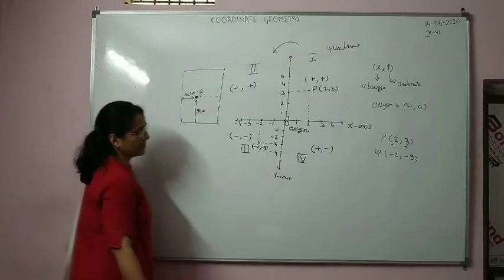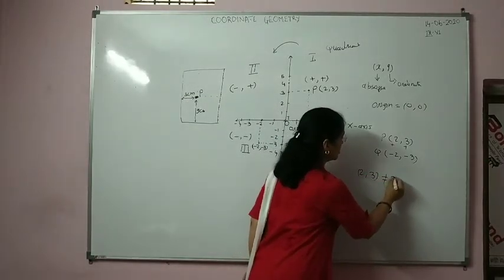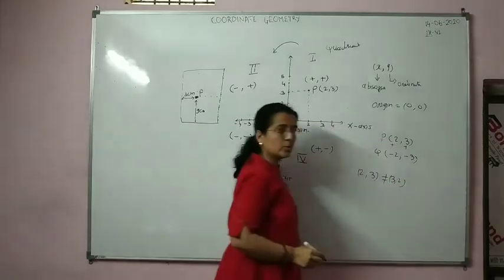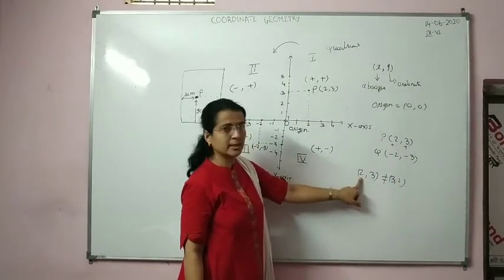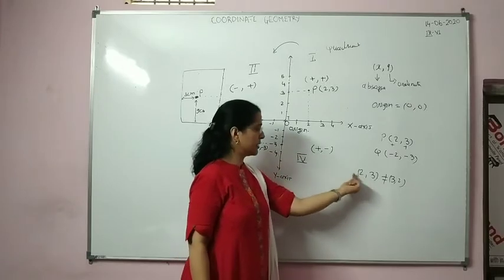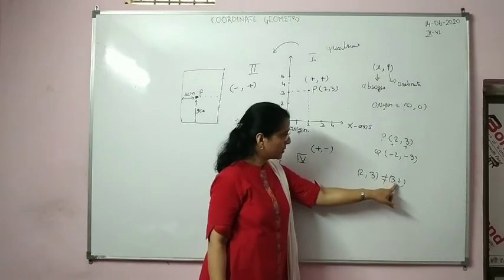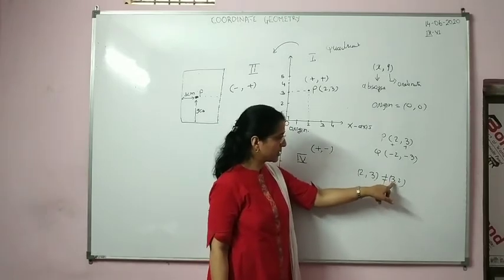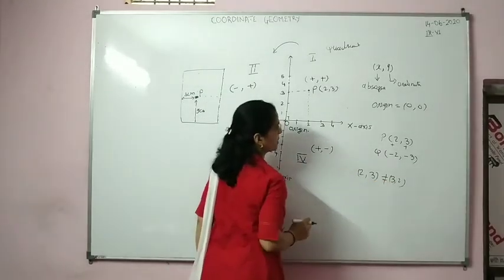Now keep in mind that (2, 3) is not equal to (3, 2). (2, 3) means the position along the horizontal line, along the x-axis, is 2. And (3, 2) means along the x-axis we take the point 3. So (2, 3) is not equal to (3, 2).